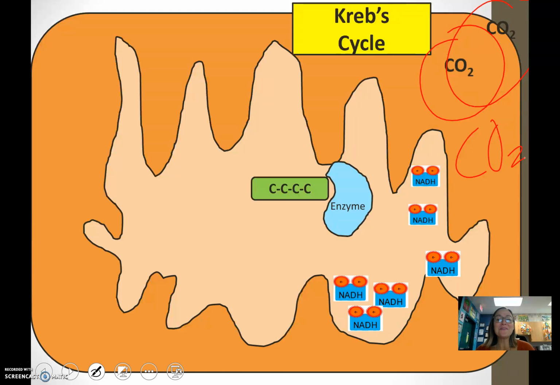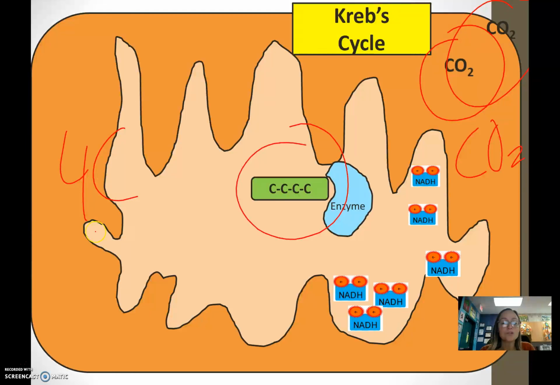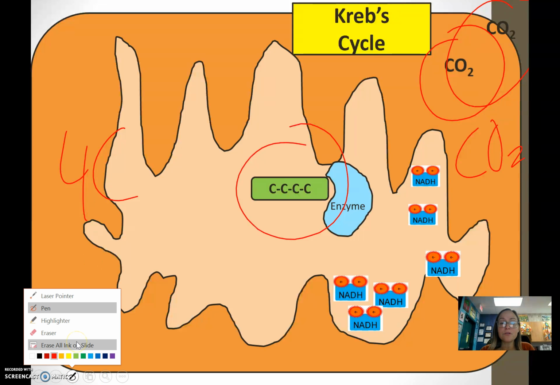All right, but there's a problem. While we have oxidized our food, and our carbons from our glucose molecule are now all in the form of carbon dioxide, this right here is not oxaloacetate, the 4-carbon molecule that we started with in the Krebs cycle. So there's actually about 5 more steps involved in the Krebs cycle, or citric acid cycle.